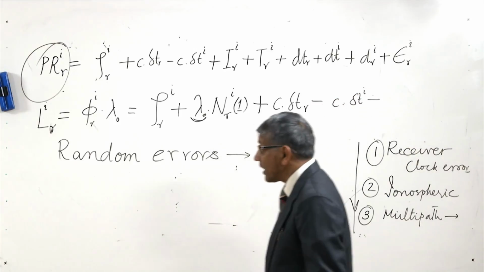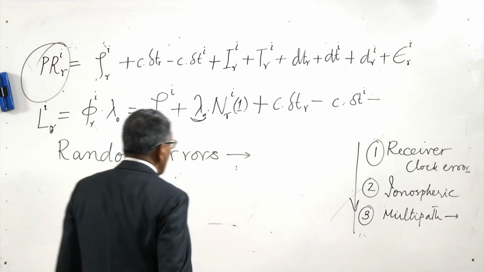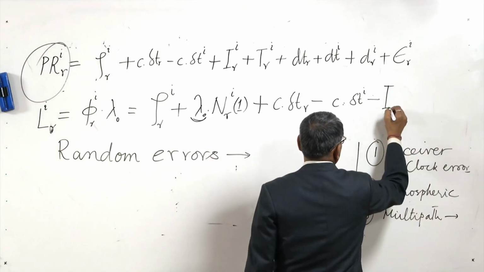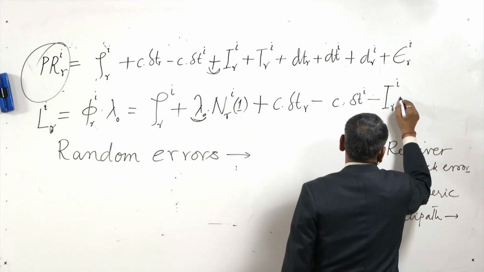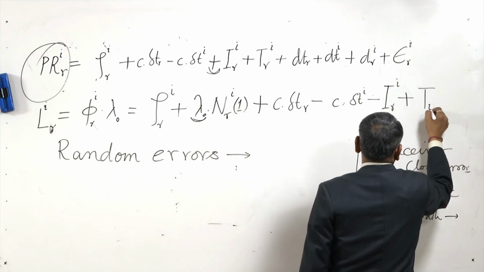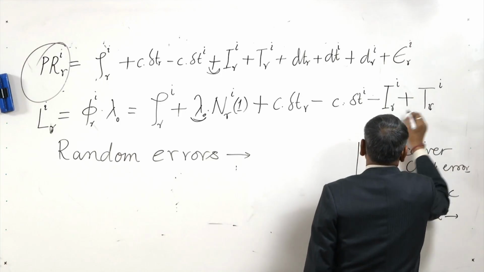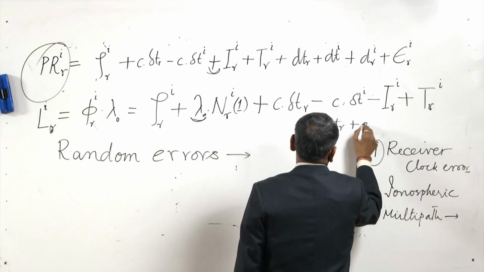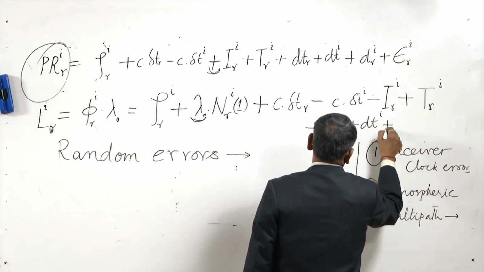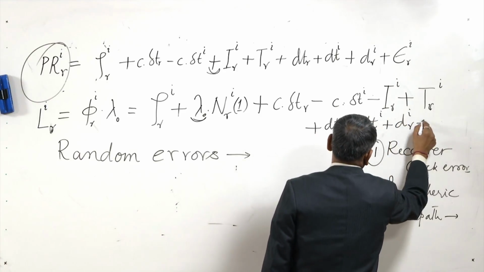Here you can see the ionospheric error is opposite in nature: here it is plus but there it is minus. Then the tropospheric error, plus dTr.